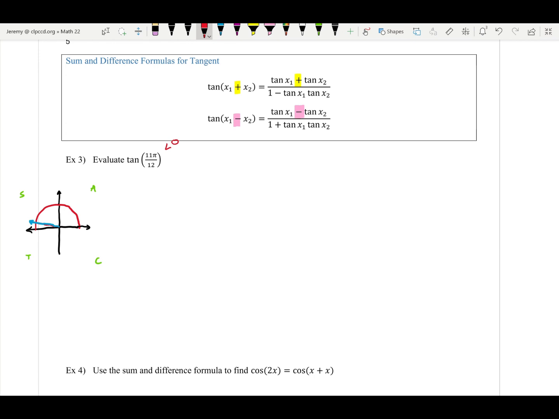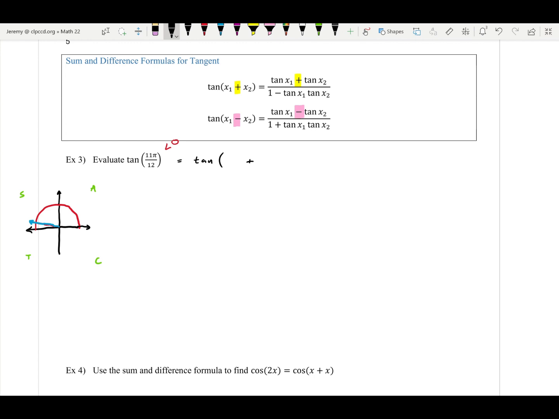Now, how am I going to break this up? That's usually the first step: can I break 11 pi over 12 up into a sum or difference so that the fractions simplify and I'm left with some radian values that are more familiar? Well, I'm going to do a sum, because 11 is a pretty large number.